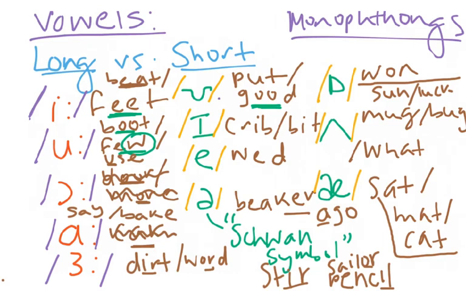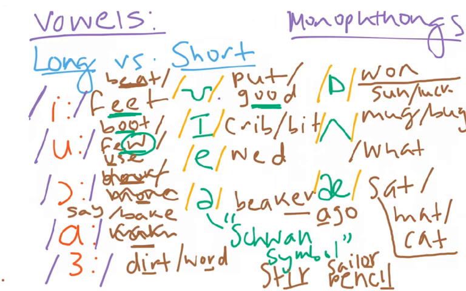Okay, so let's move on to our next short vowel sound, the sound I, such as in words such as crib or bit or lick. After that, our next short vowel sound is the sound in words such as bed or wed.